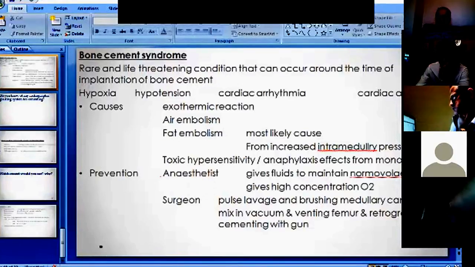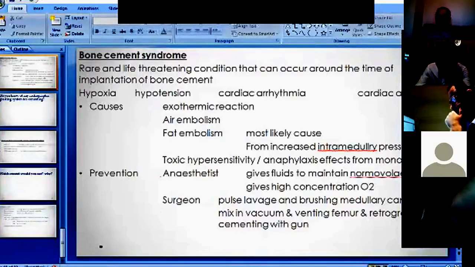By the surgeon, to reduce the risk of fat embolism, pulse lavage and brushing of the medullary canal of the femur to remove any fat debris that could be pressurized into the bloodstream.